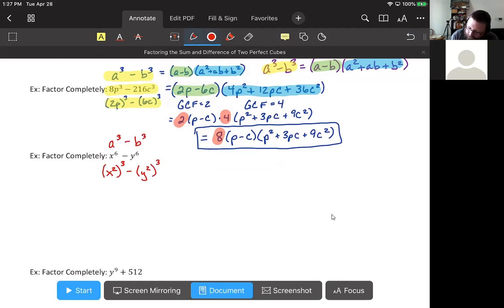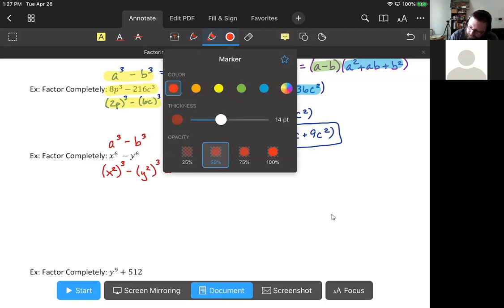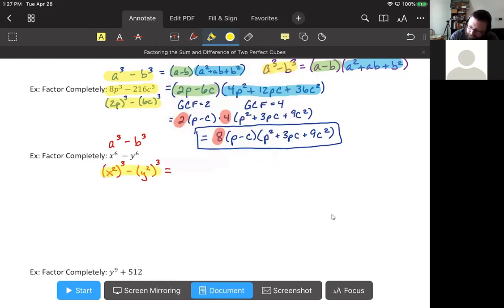It will follow the same pattern that we've been doing with the others. So now we need to break it up into our two things. Our binomial, which is a, which is x squared, minus b, which is y squared.